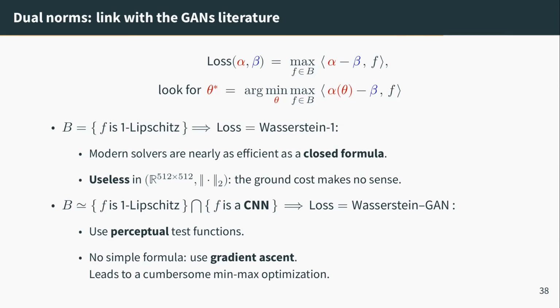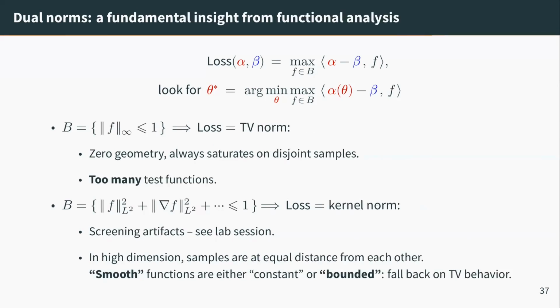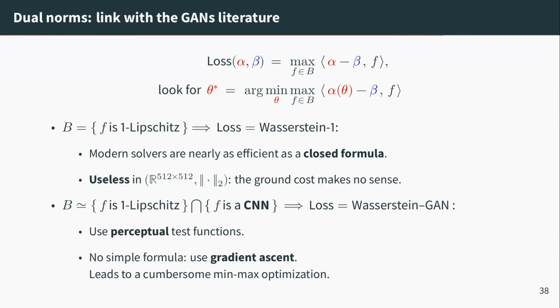And then people started to say, okay, maybe the fundamental insight of all this work in mathematics is that we should constrain the set of dual functions. A smaller set of loss functions means more informative gradients. And so what people started to do with GANs is to say that we are going to solve this problem, but instead of using a mathematical class of functions, we're going to specify an architecture for our test functions.